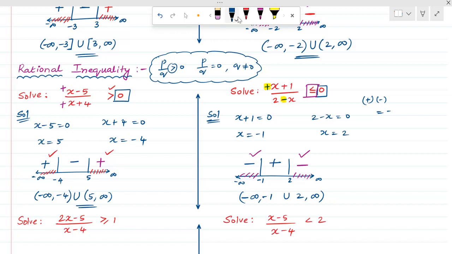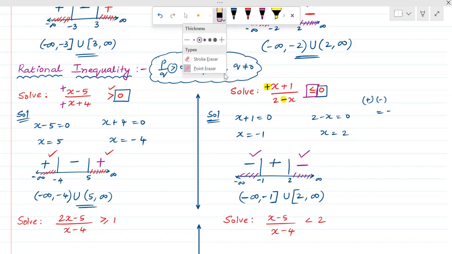But as per this rule, I have to write it closed. But when you see this one, when I substitute 2, the inequality is undefined.